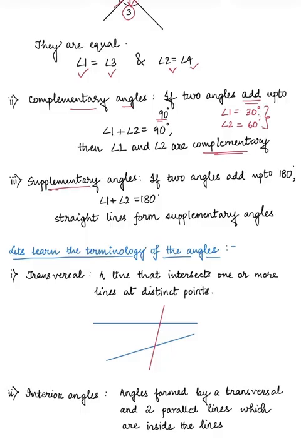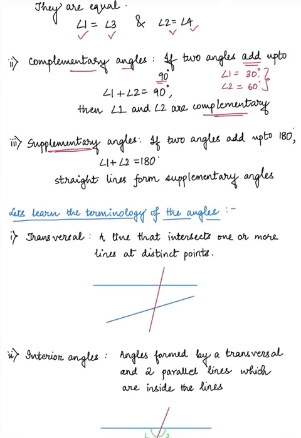Similarly, we have supplementary angles. What are those? If two angles add up to 180 degrees, then they are supplementary. So let's consider angle 1 to be 120 degrees and angle 2 to be 60 degrees. Then when we add them up, what does it give us? 180. So they are supplementary angles.